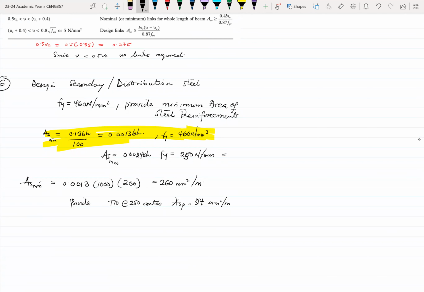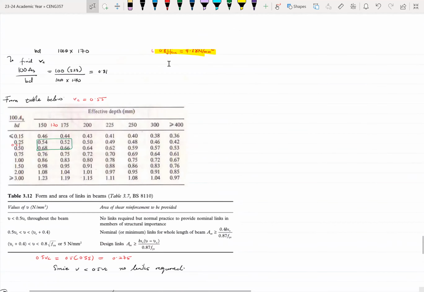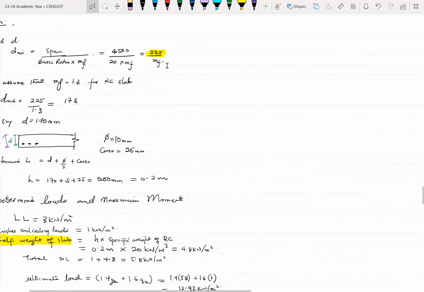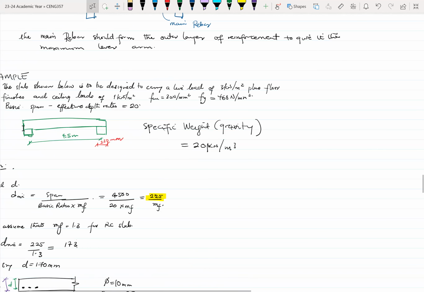So this is how it will look when you put the rebar in. Let me just copy this over here and bring the same thing, just so that I don't have to redo it.